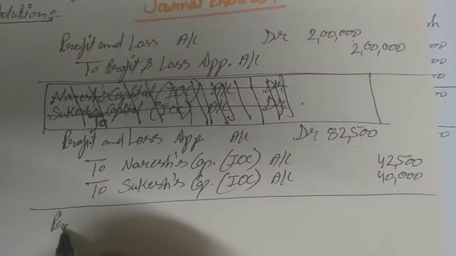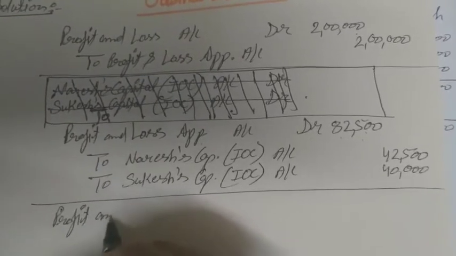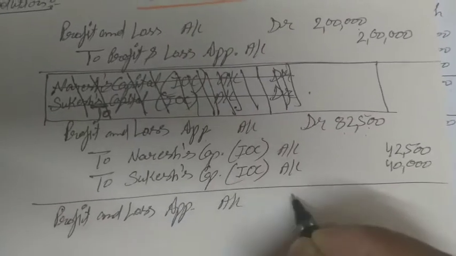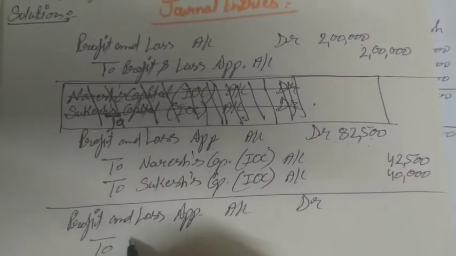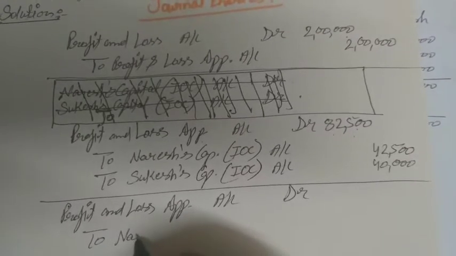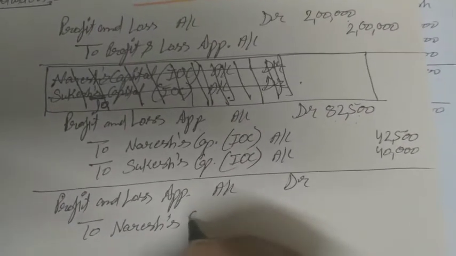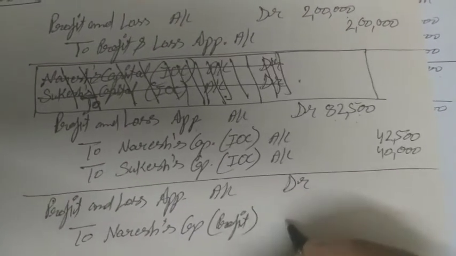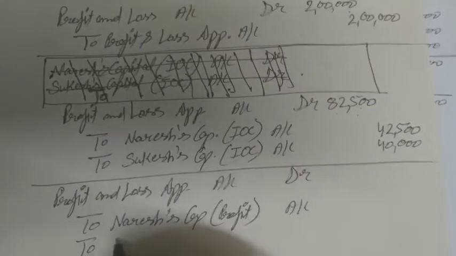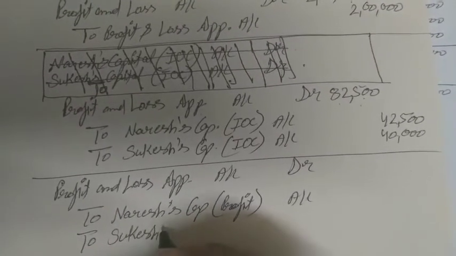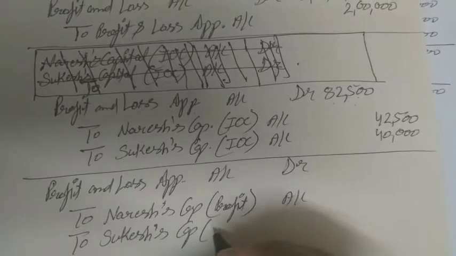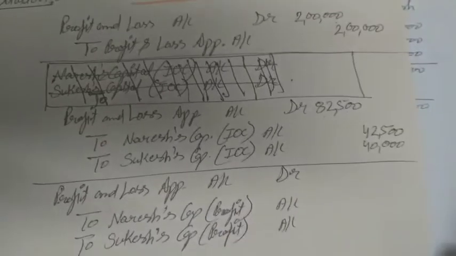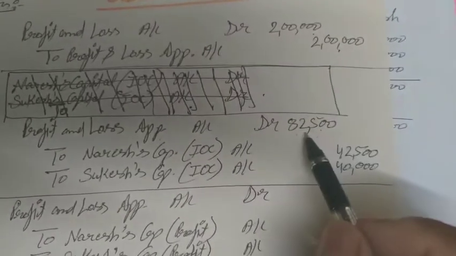So once again, profit and loss appropriations account debit, and to Naresh capital account, which is showing profit, and to Sukesh capital, it is also profit.